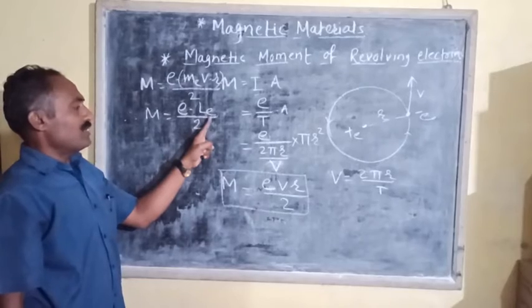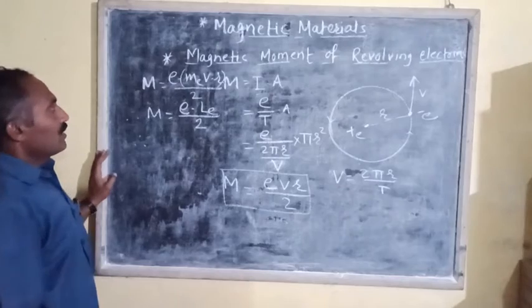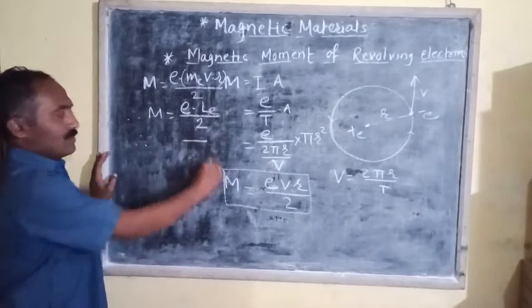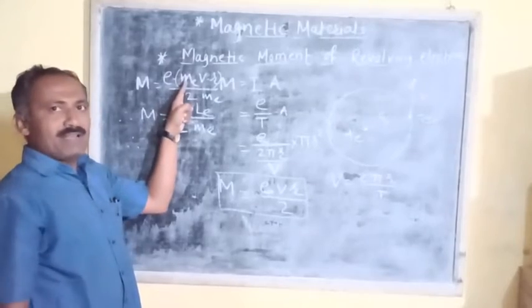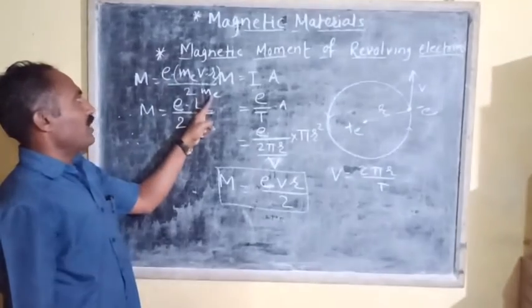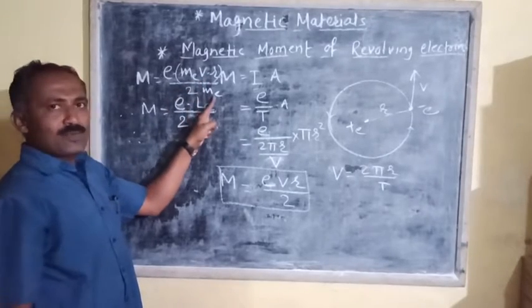As we multiply and divide this equation by the mass of the electron, we get e into m v r upon 2 times the mass of the electron.